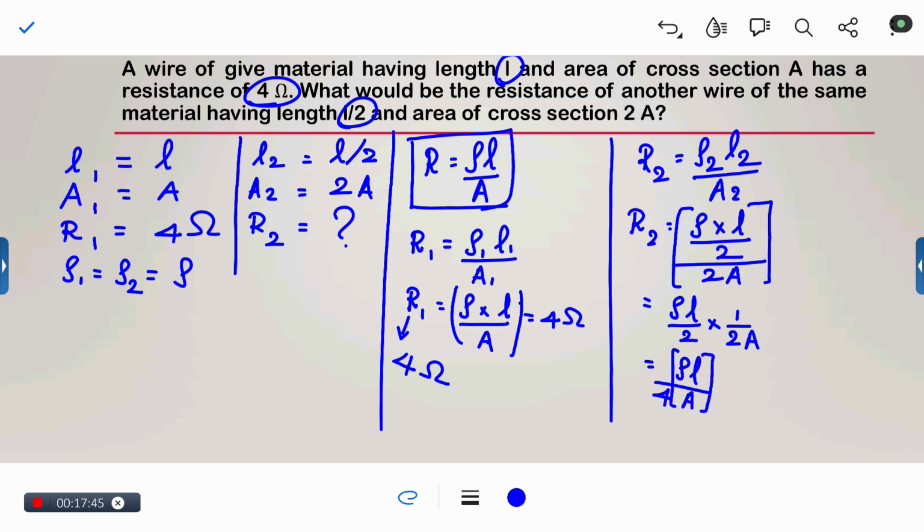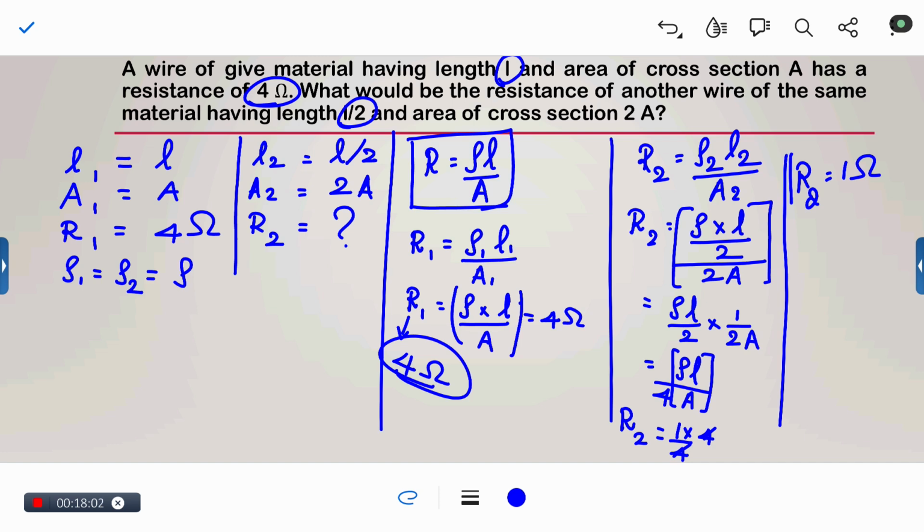So rho L by A is nothing but 4. Instead of rho L by A, we can write R2 is equal to 1 by 4 times 4. So 4 by 4 cancel, remaining R2 is equal to 1. So what is the resistance of the new wire? 1 ohm.